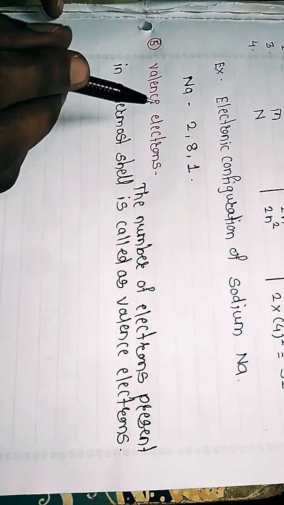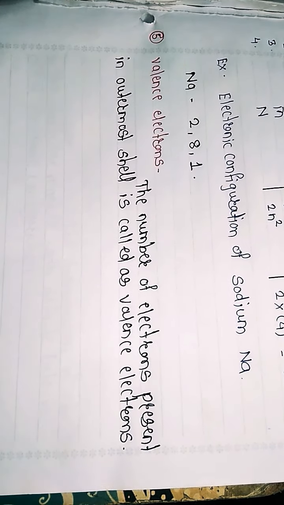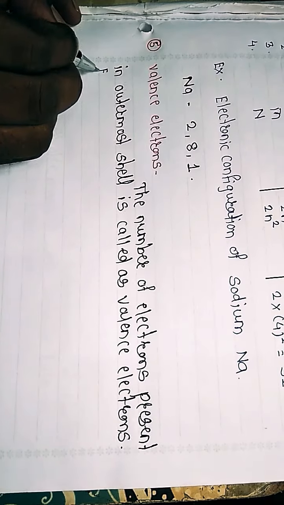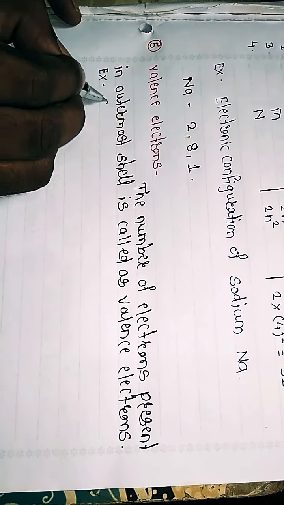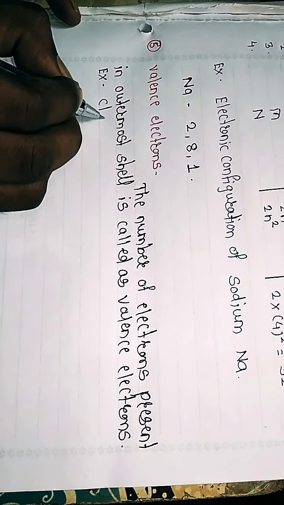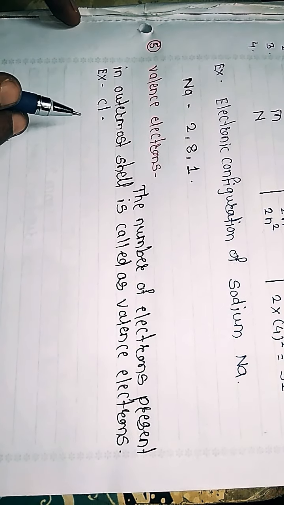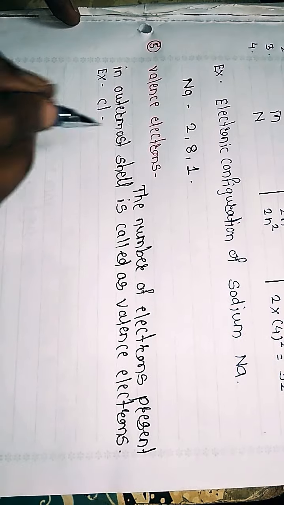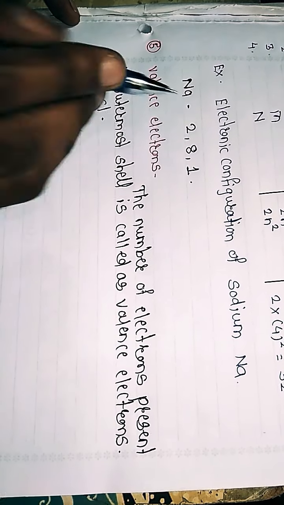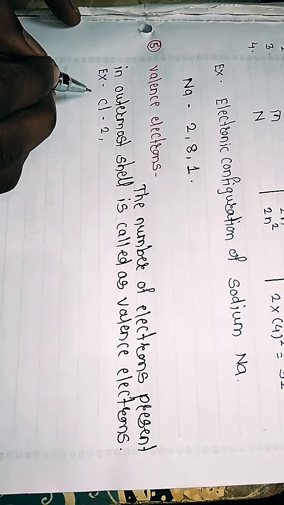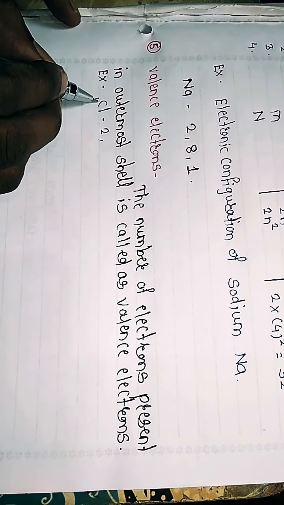As we discussed above the example of sodium, we can take another example, chlorine. What is the correct method of filling the electrons in a chlorine atom? In chlorine, there are 17 electrons.